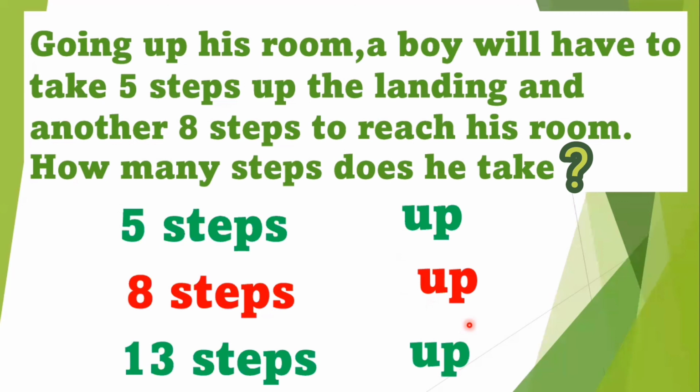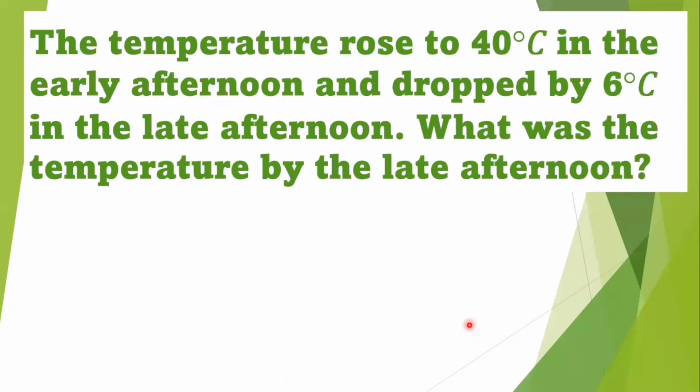Nakuha yun? Now, next, we have: the temperature rose to 40 degrees Celsius in the early afternoon and dropped by 6 degrees Celsius in the late afternoon. What was the temperature by the late afternoon? Let us find the given.